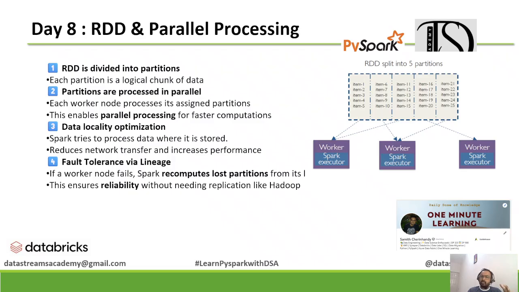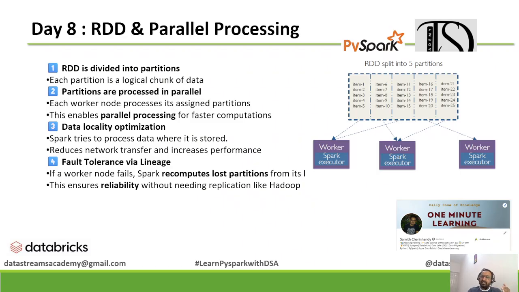You are responsible. You cannot say, my worker 3 is not working, so I don't process your partition 4. You cannot say that. So you should have a mechanism that makes sure that even if my worker 1 goes, I have a plan B.